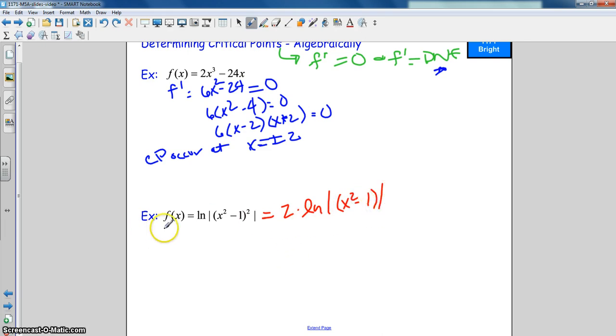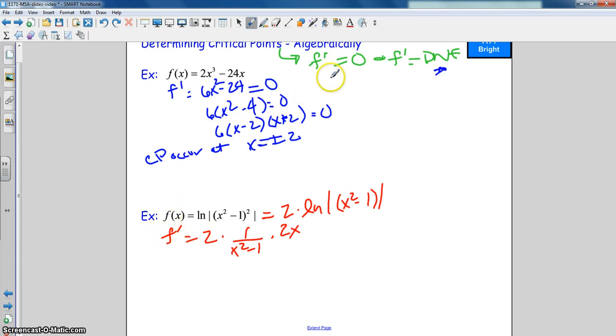When we differentiate this, the absolute values just drop. So the derivative here is equal to, that constant stays out front, so I have 2 times the derivative of natural log, which is just 1 over whatever is inside, x squared minus 1. Then I have to multiply by the derivative of the inside part, again this is a chain, times 2x.